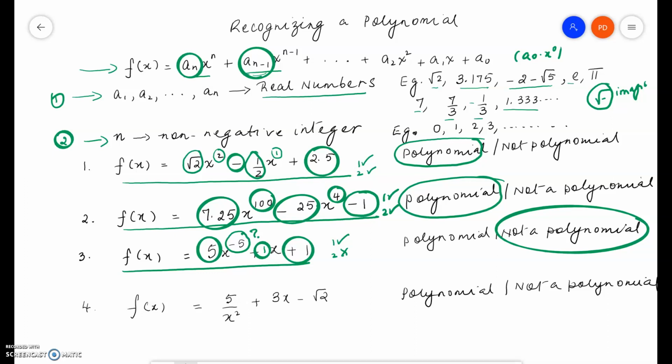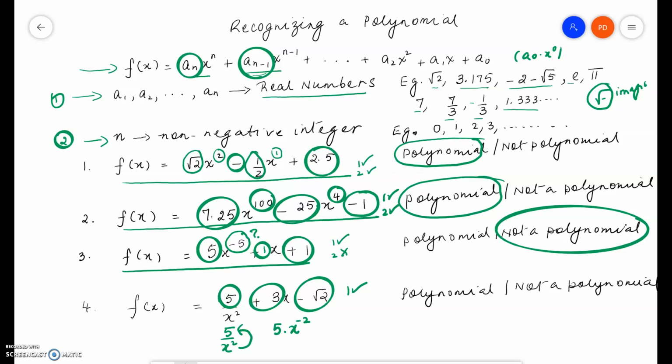Now let's look at the fourth example. We have f of x equals 5 over x squared plus 3x minus radical 2. Now when we look at it, we're almost tempted to say yes, because we see a 5, a positive 3, a negative radical 2. So the first condition is satisfied. But if you look at the first term, notice that the x is sitting in the denominator, and to bring it to the standard form, we've got to move it up. And 5 divided by x squared is 5 times x to the negative 2.